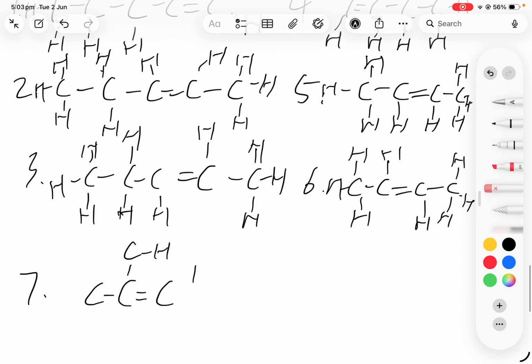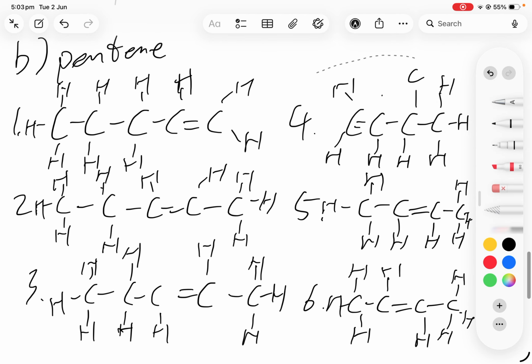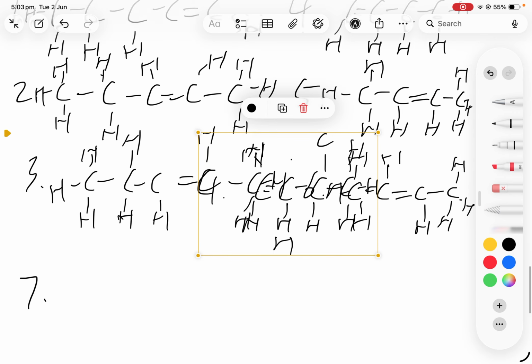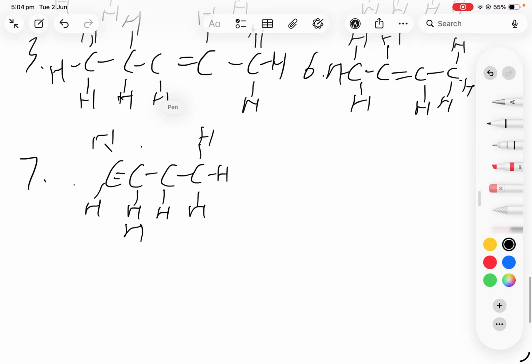And there's no threes because there's not enough bonds. Okay, yeah, we'll do that. So it's exactly this one, but instead of the carbon here, the carbon goes here.